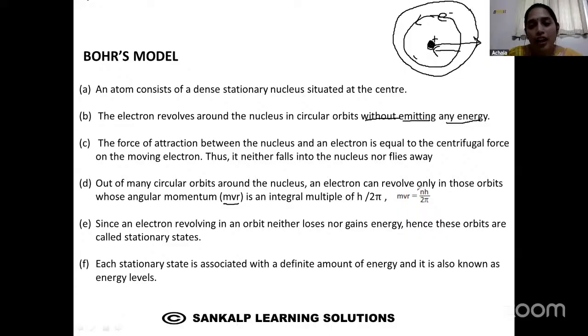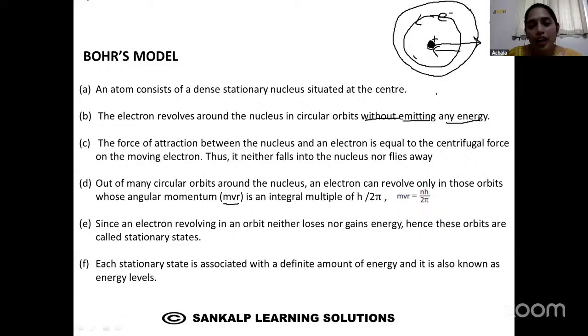Similarly, after the first staircase, I have to climb the second staircase; I cannot climb 1.5 staircases. Similar to that, electrons are revolving in the first orbit, or second orbit, or third orbit. There is no 1.5th orbit, no 1.2 orbit, or 2.5 orbit. These are not possible. That is the meaning of this statement.